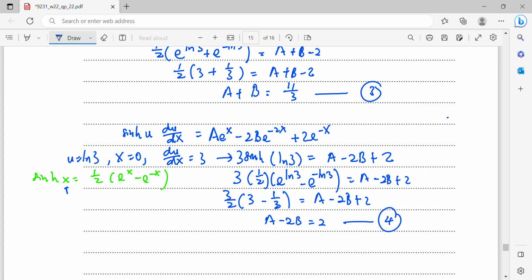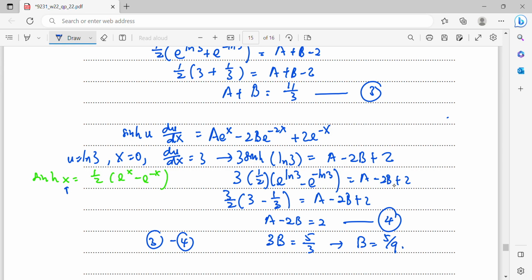So solve third and fourth equations to get the A and B values. Now I may use the third minus fourth, so the A will be eliminated. Then B - (-2B), it will be 3B. Then 11/3 - 2, you'll be getting 5/3. So at last, your B will be 5/9.